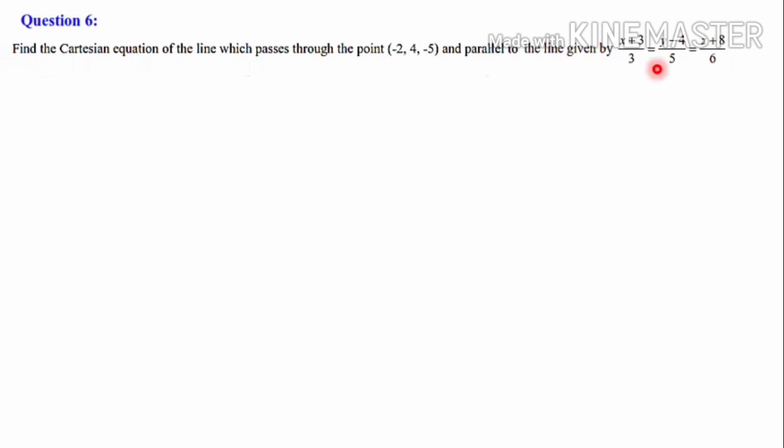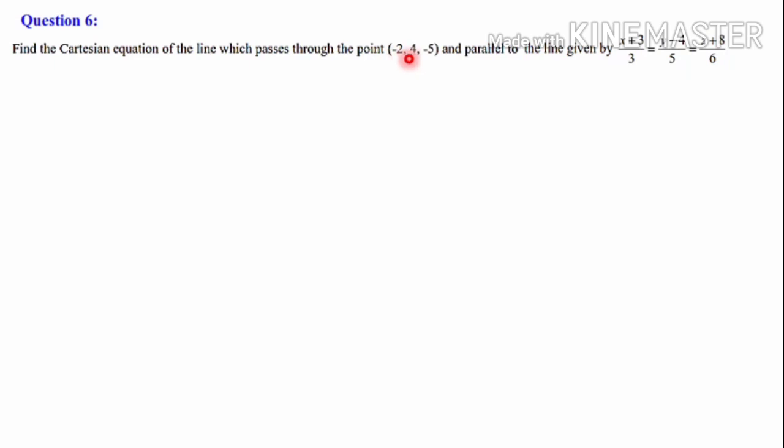Here, go through the question and identify the given conditions and the required formula. Find the Cartesian equation of the line which passes through the point. So here one point is given, -2, 4, -5, and parallel to the line. If a parallel line is given to you, from there we can write the direction ratios of the parallel vector.